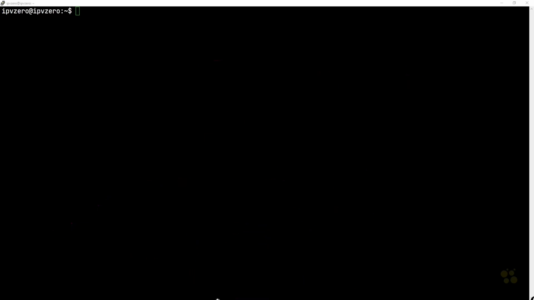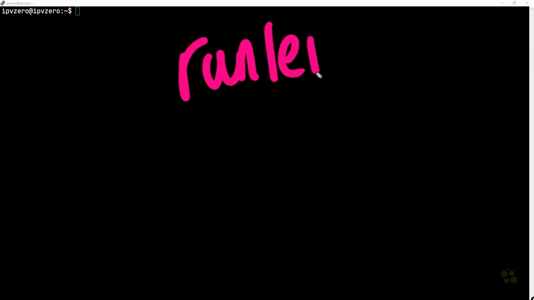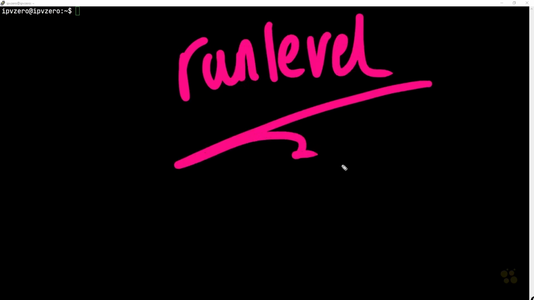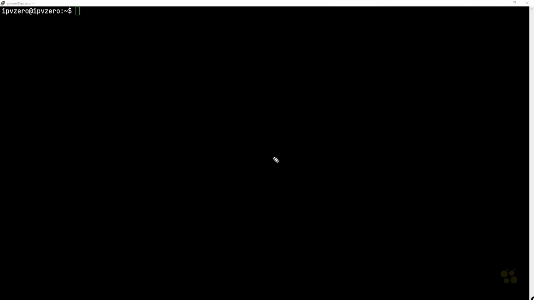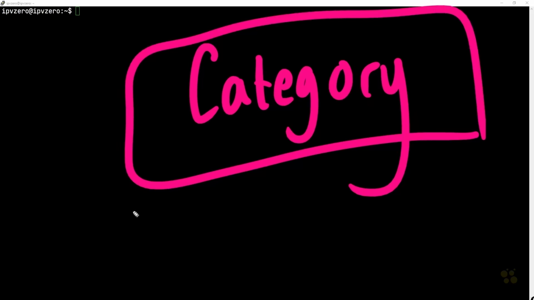Now, what processes are going to be started is going to be determined by this run level concept we're just going to dig into. So what exactly do I mean when I talk about a run level? Well, really, a run level is just like a category. And this category is going to have particular services associated with it.